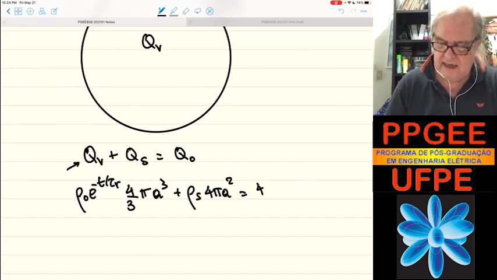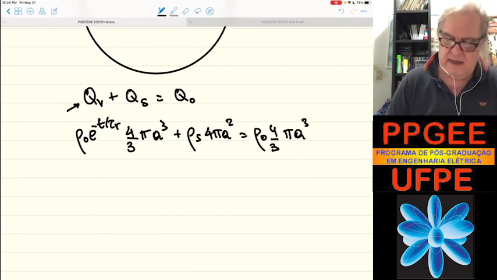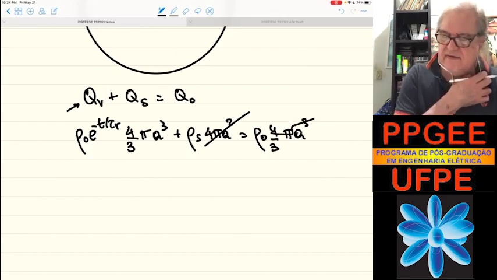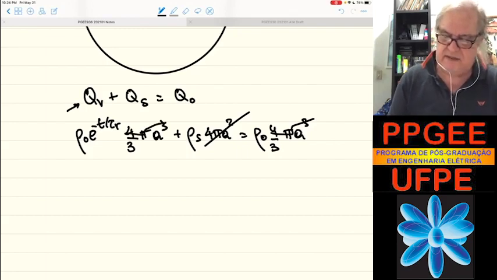And this is the volume charge initially, rho 0 4/3 pi a cubed. Then you can divide by 4 pi a squared. The 4 pi drops, a cubed over a squared.